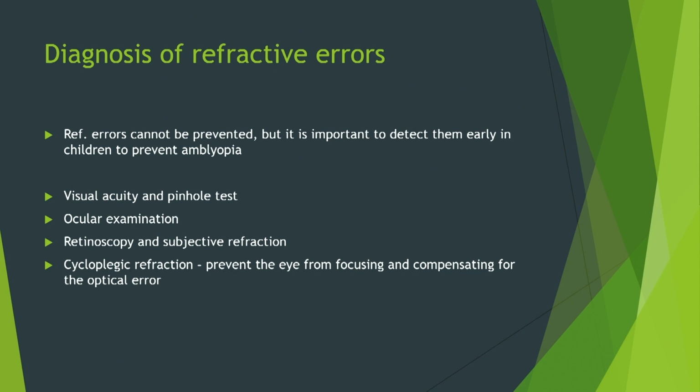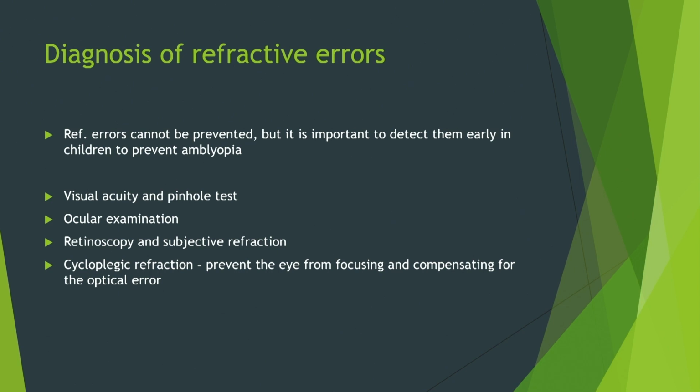And otherwise, if they are complaining of symptoms, like squinting or going close to see things, or maybe poor school performance, those symptoms you can consider. So then what you have to do to diagnose: first you have to check the uncorrected visual acuity and maybe pinhole, and then you have to exclude any other intraocular pathologies for the impaired visual acuity, and you do the refraction, right?